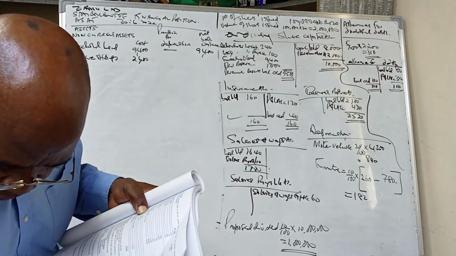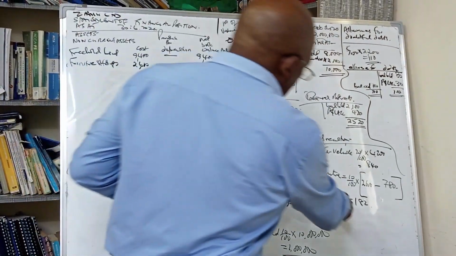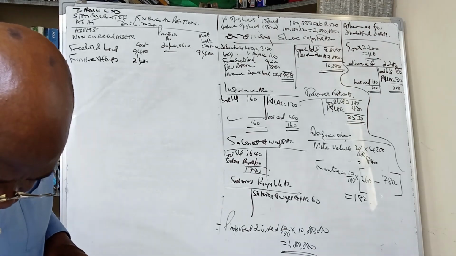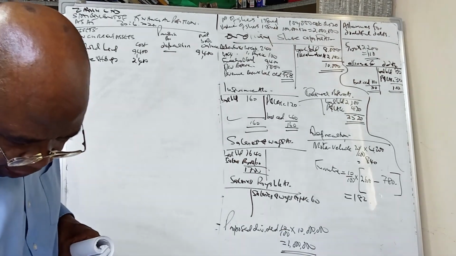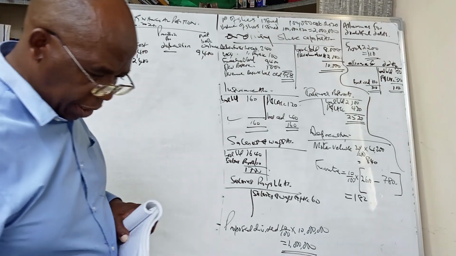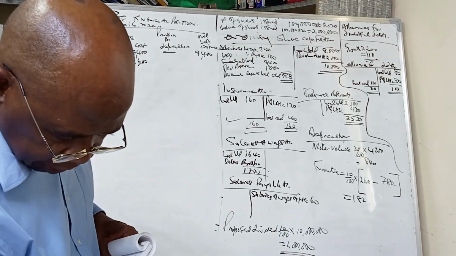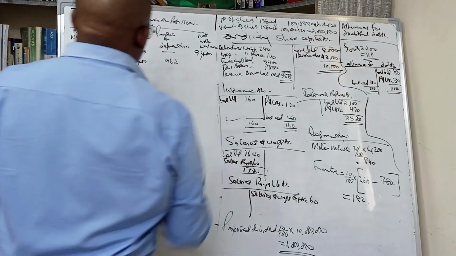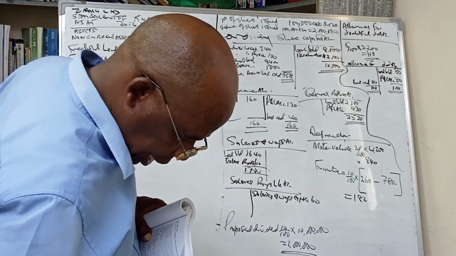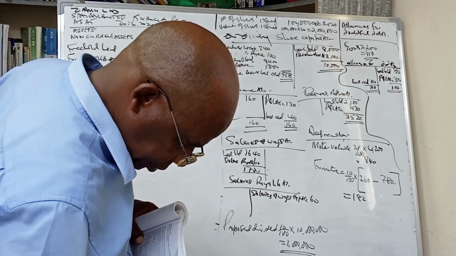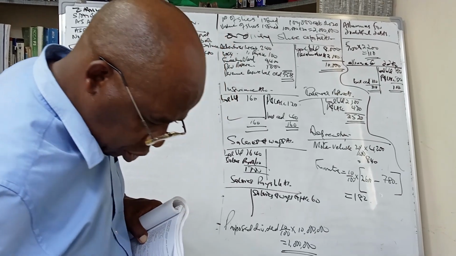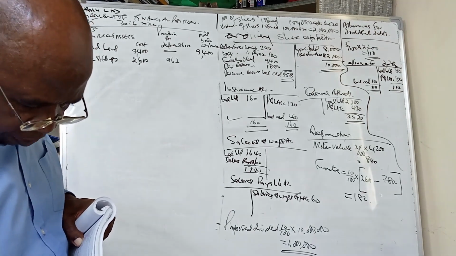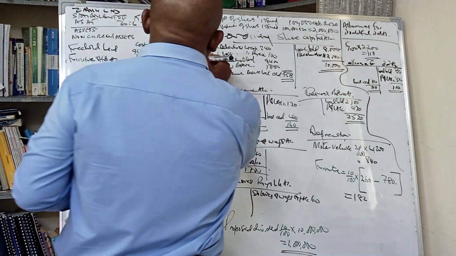If you add the charge for the year of 182, we get a figure of 962. 2,600 minus 962, we get a net book value of 1638.